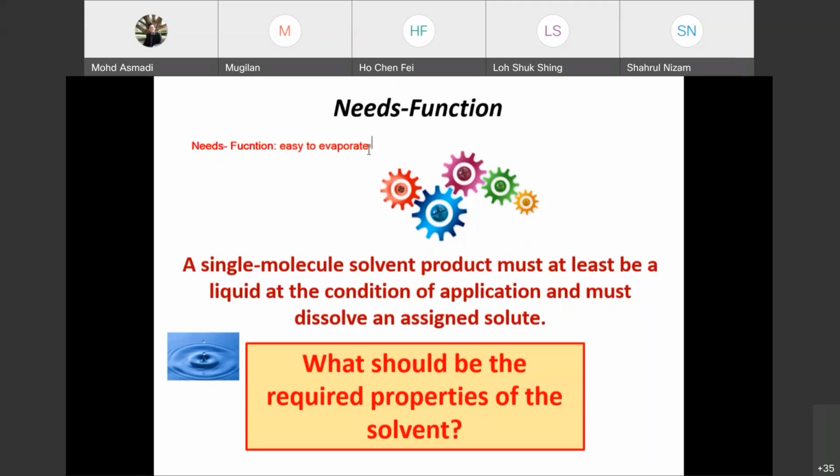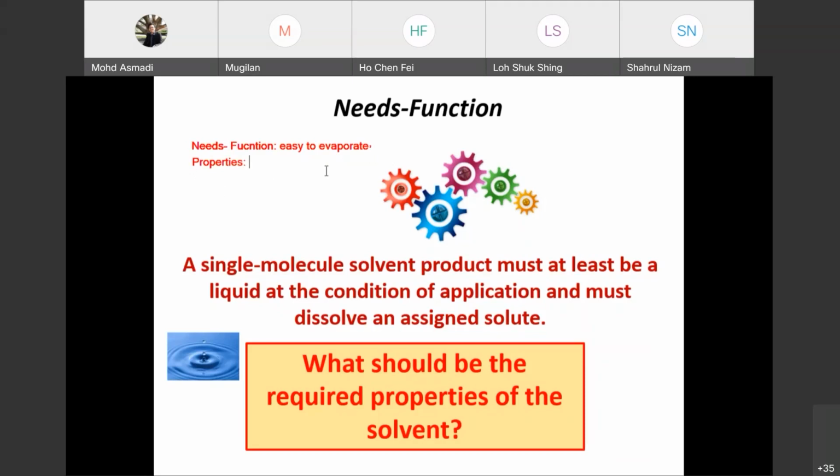Properties are the characteristics. It must be related to the viscosity, right?